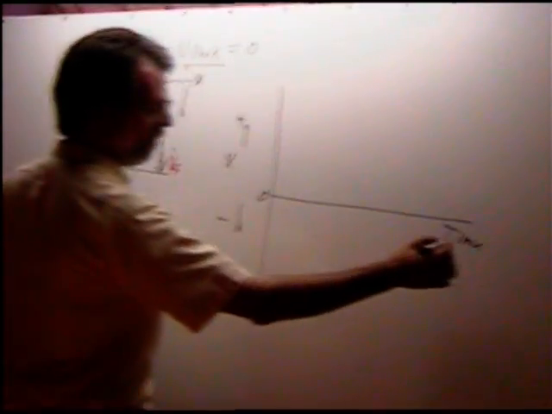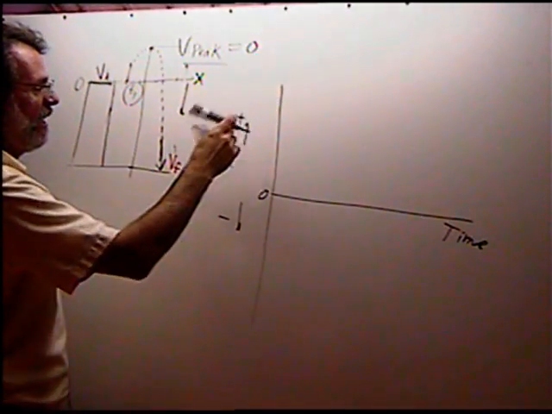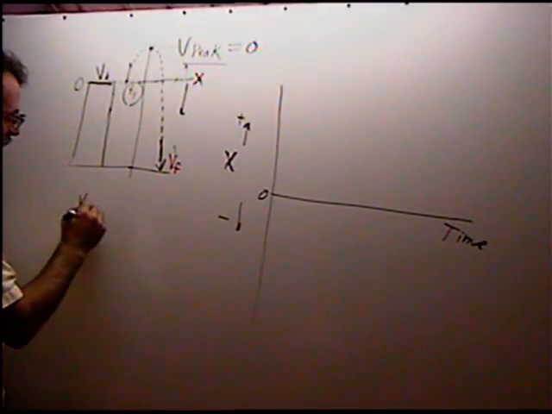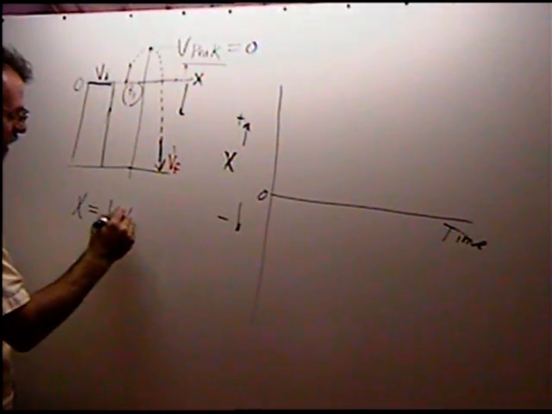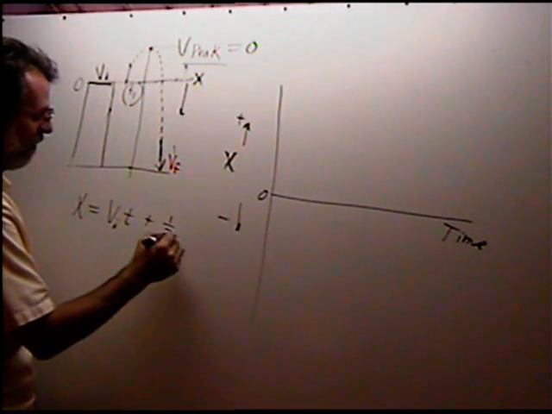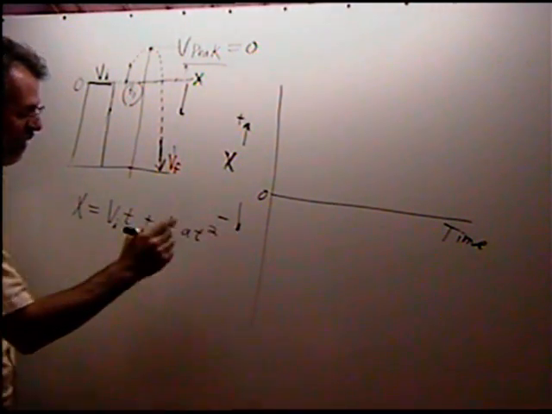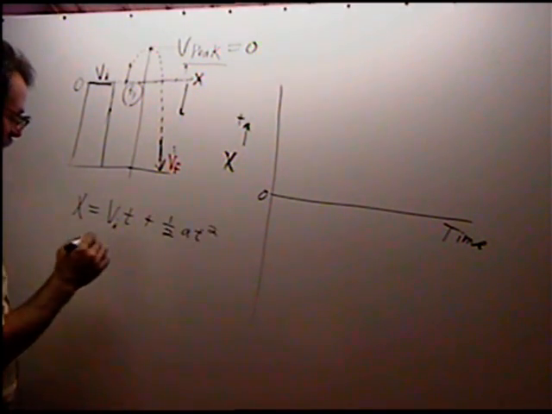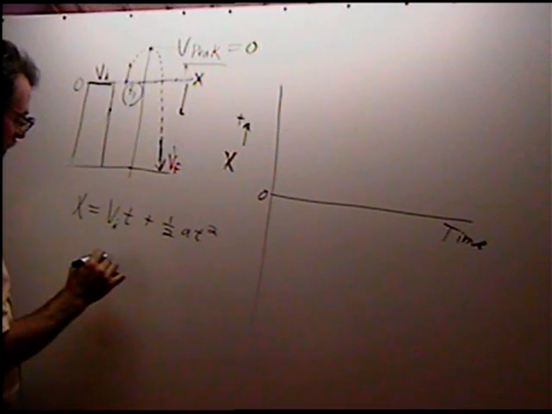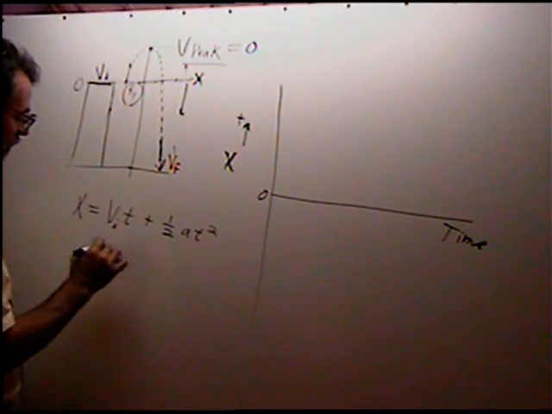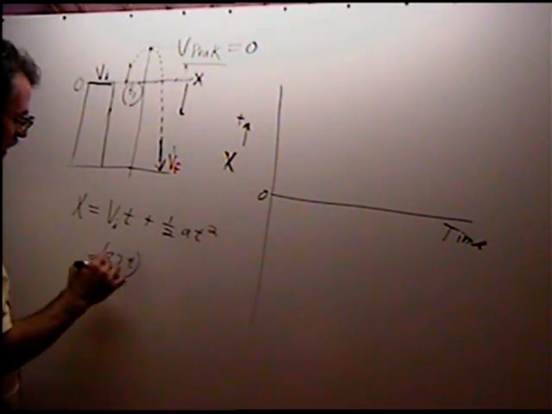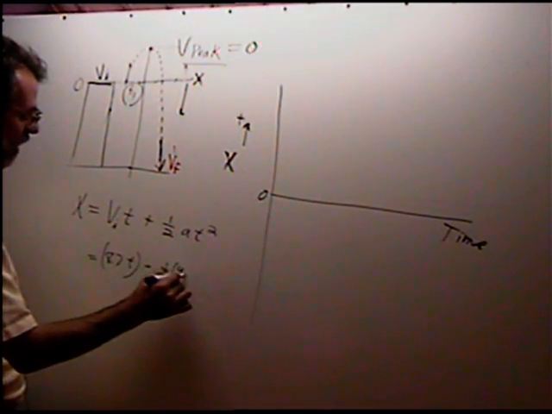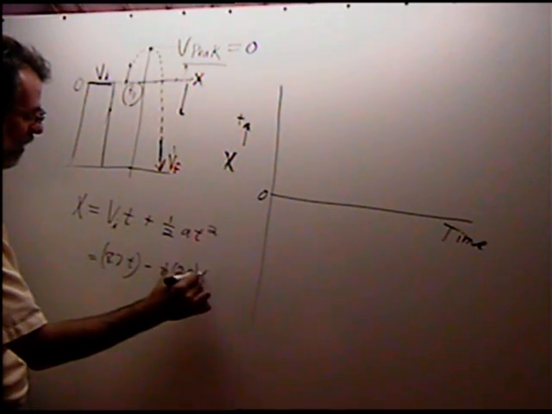When we draw the curve for x, remember, x equals the initial velocity times time plus 1/2 a t squared. Notice that the acceleration is a negative number, so I'm going to write it this way: 8.7 times t, I'm just going to fill in these numbers, minus 1/2 of 9.8 t squared.